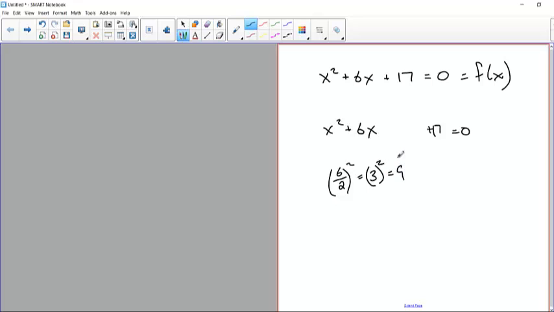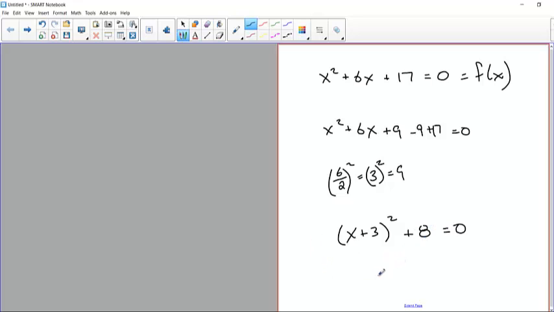Square that, so that would give you 9. So what you do is you add 9, and you'd also subtract 9. Balance that out. Now these three numbers can be rewritten as a complete square, x plus 3 squared. And then these can be combined, which would be 8 plus 8 equals 0.